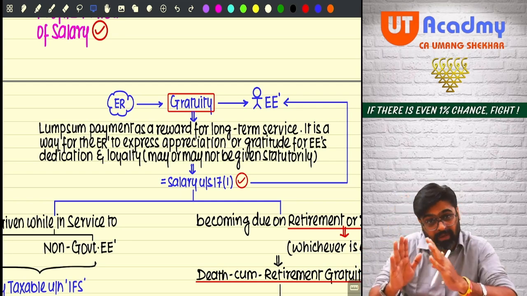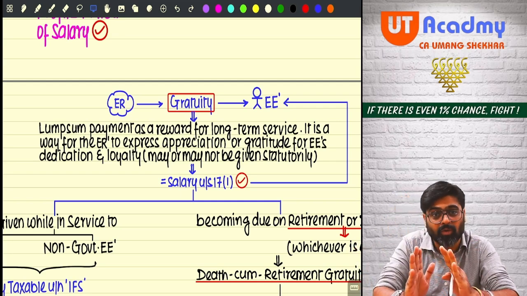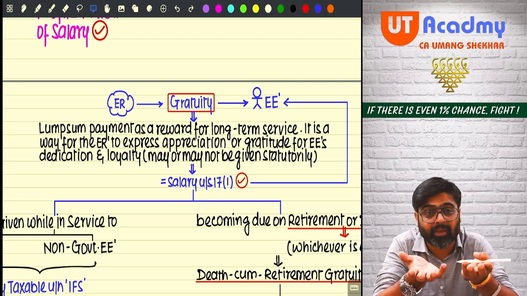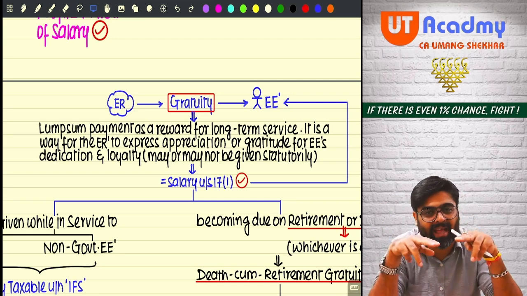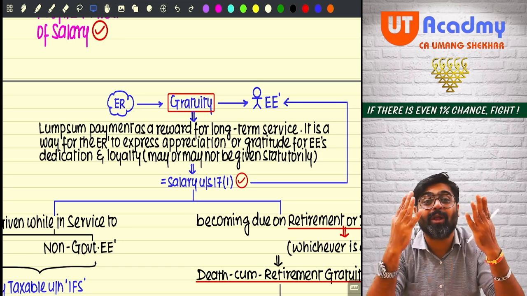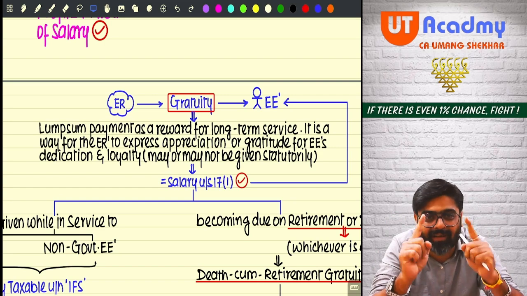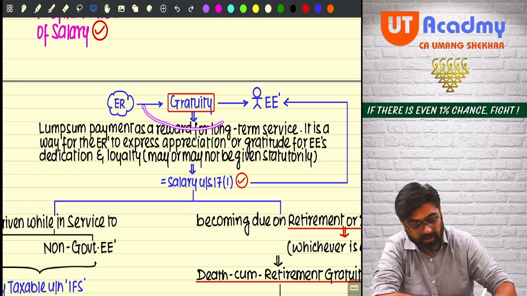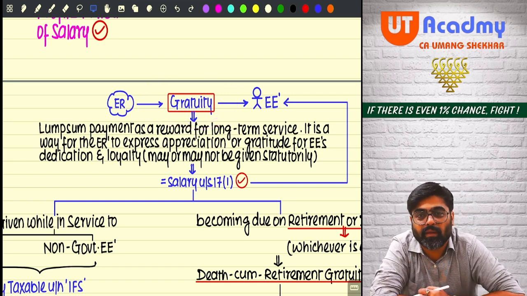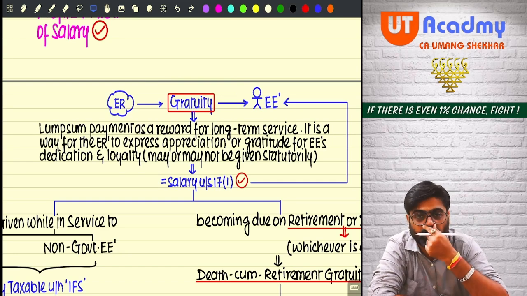And as an appreciation or as a gratitude, he wants to tell you thank you. But only thank you will not work. Along with the thank you, along with the gratitude, one payment will come. And that payment is known as what? Gratuity. Got it? Sure, everyone?